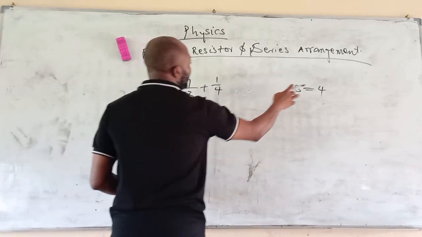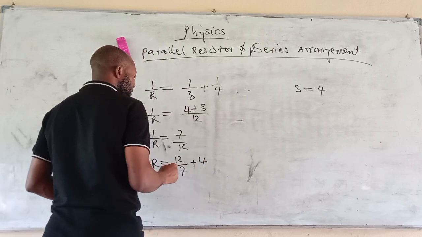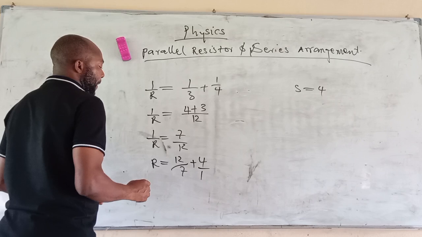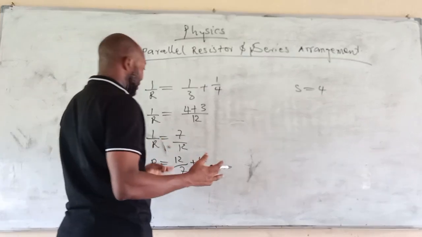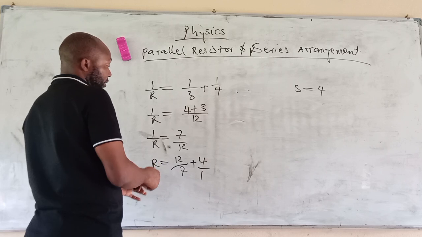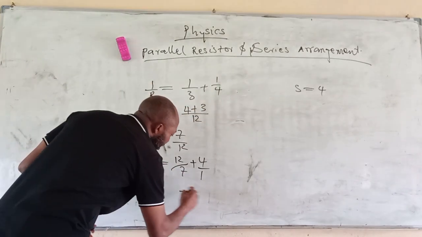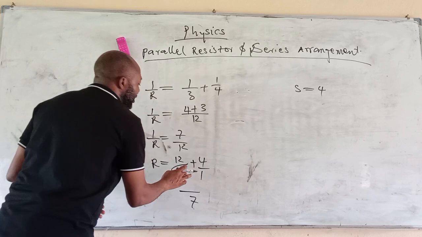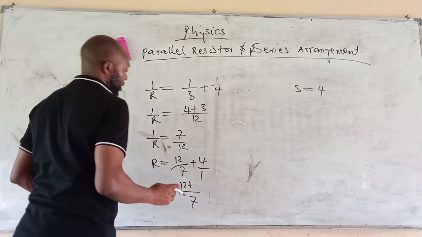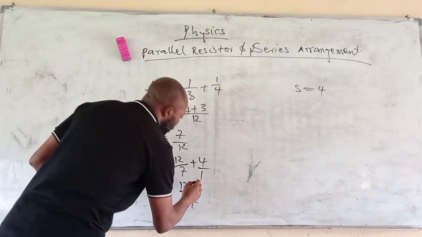Now I'm adding that with 4. I'm done with the parallel, which is 12 over 7, and I add with that of the series, which is 4. Now my LCM here is 7. 7 divided by 7 is 1, 1 times 12 is 12, plus 7 divided by 1 is 7, 7 times 4 is 28.